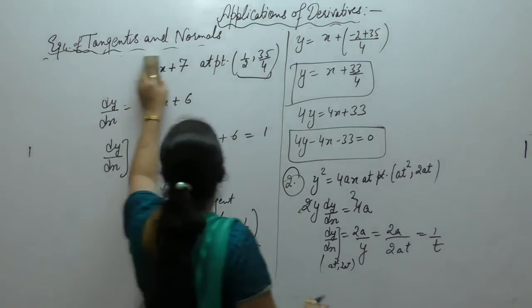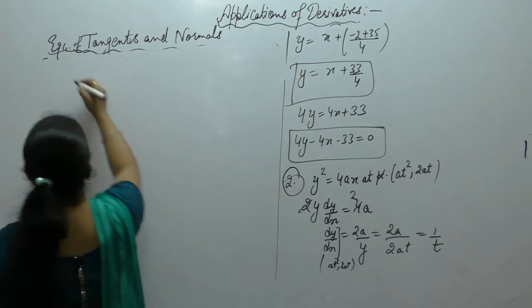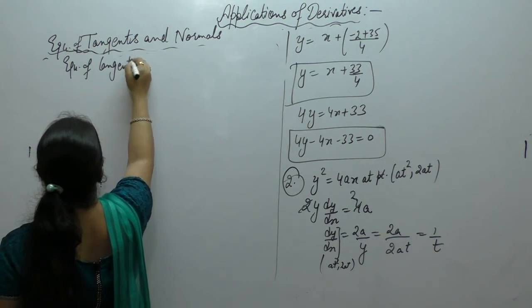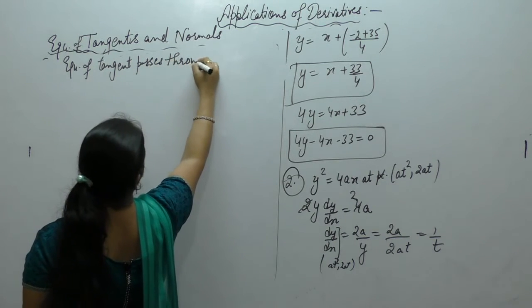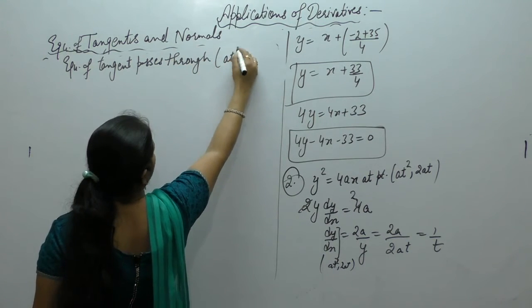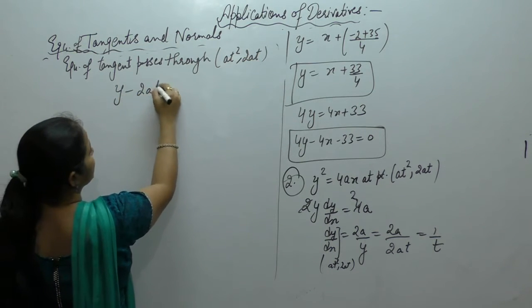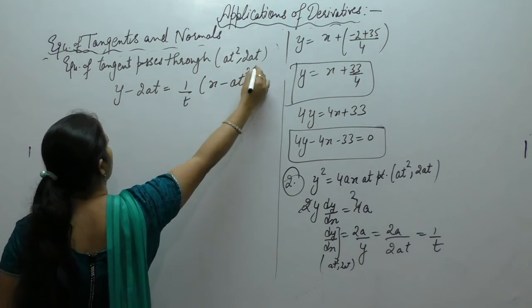Now the equation of tangent passes through (at square, 2at): y minus y0 equals dy upon dx times (x minus x0).